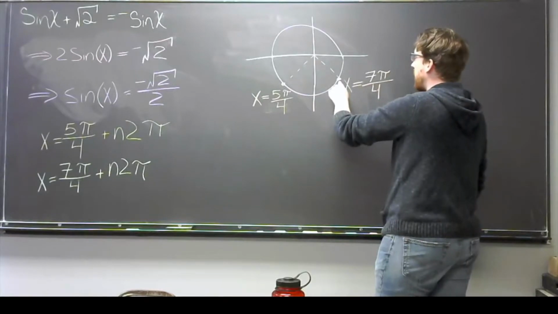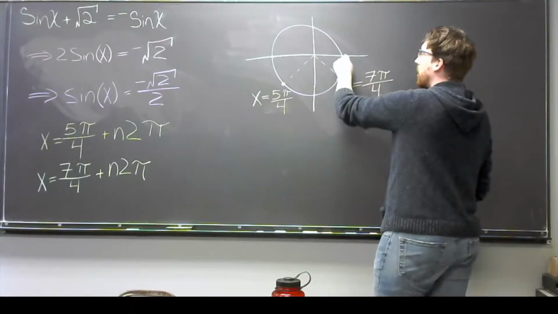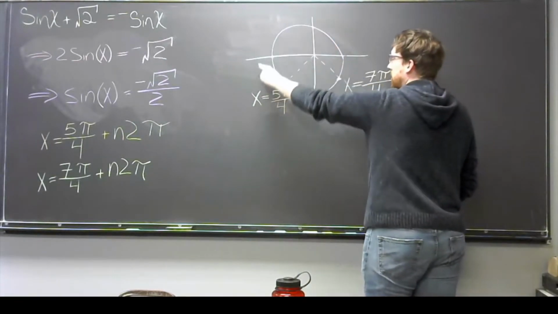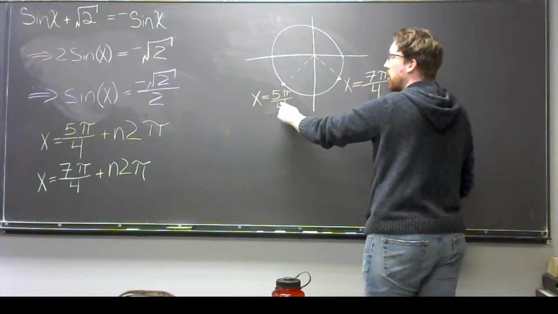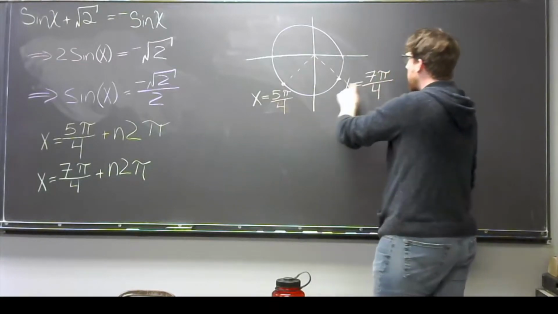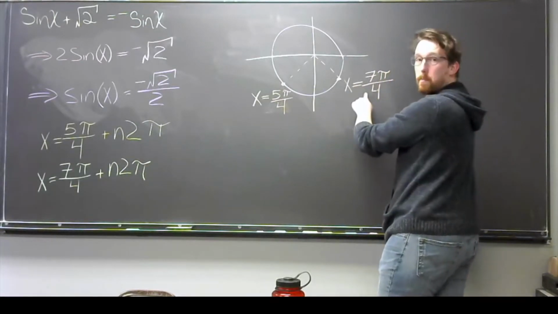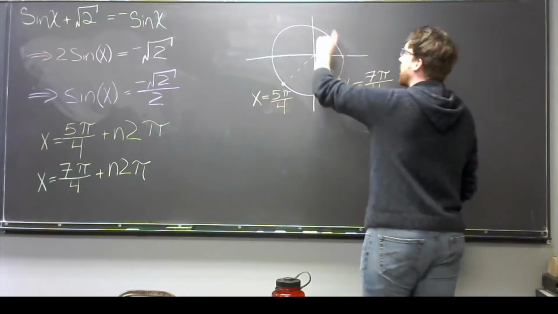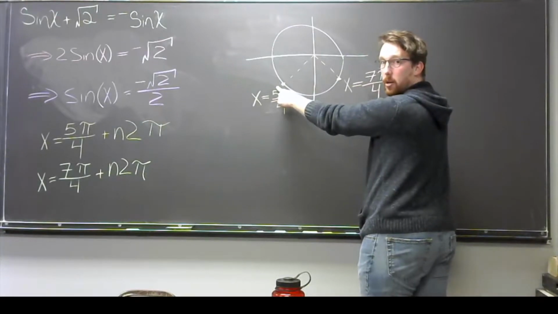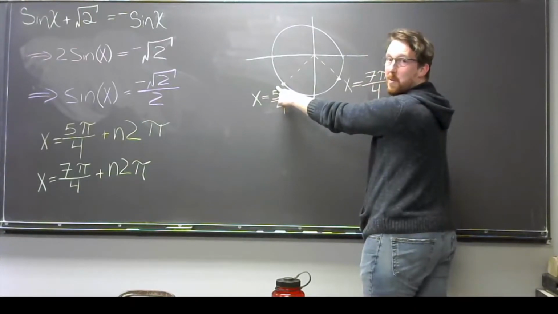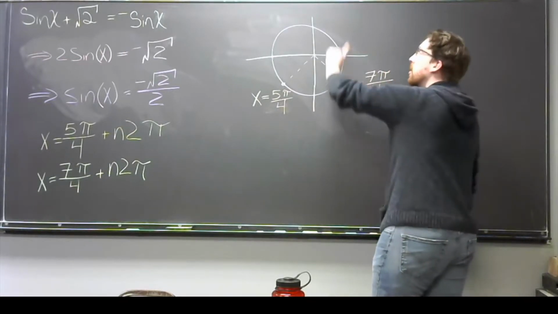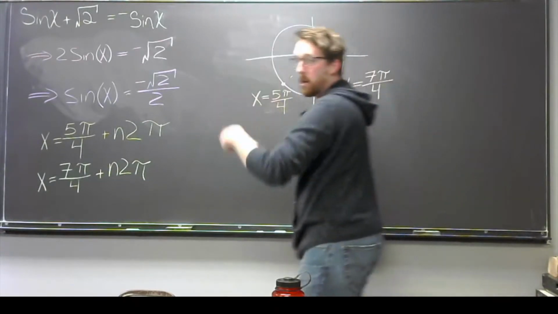Then we keep going, and we get to 7 pi over 4 radians. Now we've made 1 full rotation all the way around. We do it again, and now we're at 5 pi over 4 plus 2 pi radians. Keep going, now we're at 7 pi over 4 plus 2 pi radians. Keep going, 5 pi over 4 plus 4 pi radians, 7 pi over 4 plus 4 pi radians, and so forth, on and on.